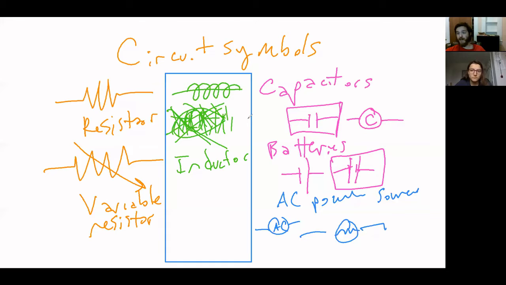I'll explain that when I get to them, but they alter the way that current changes. They don't alter the current itself necessarily while the circuit is in DC flow, but when it first starts or stops, they alter it. So I'm going to clear this, and I'm going to do a couple circuits, and we're going to talk about them.